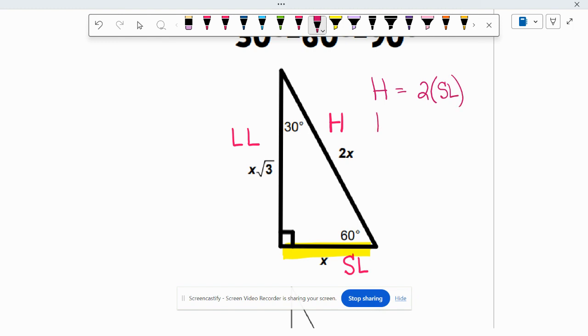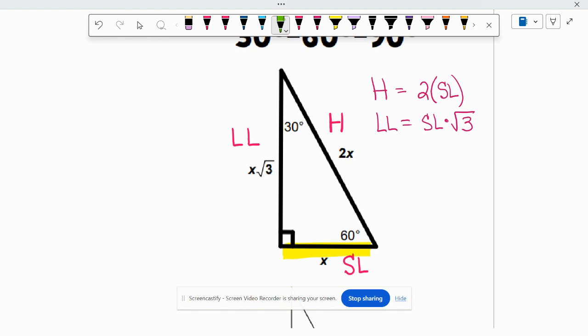We also know that the long leg equals the short leg times the square root of 3. Those are the two things that we know, and we can always figure that out if we're given the short leg. But as we've learned from doing special right triangles, we don't always get the short leg. Sometimes they give us the hypotenuse or the long leg, and we have to calculate all the other missing pieces.